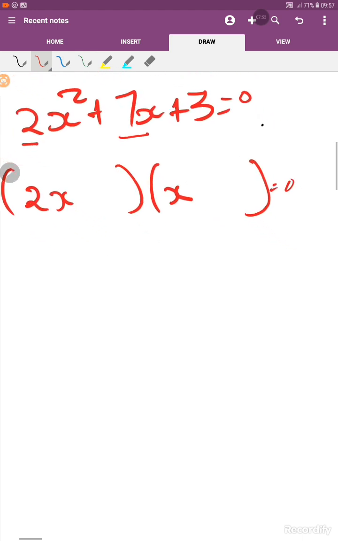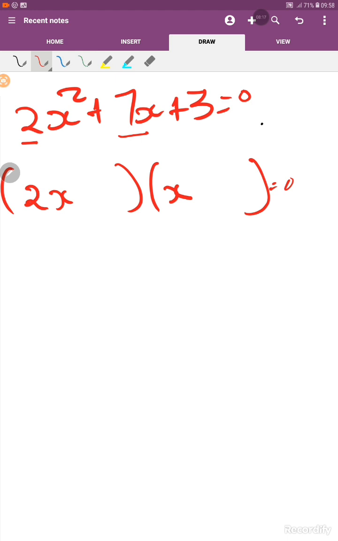So let's focus on 3. You focus on the constant number, because we have our a on x squared, we have 2x squared.